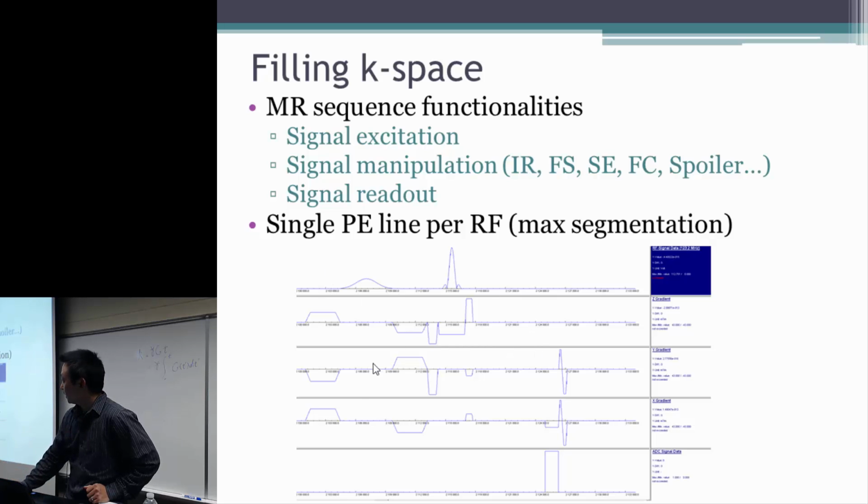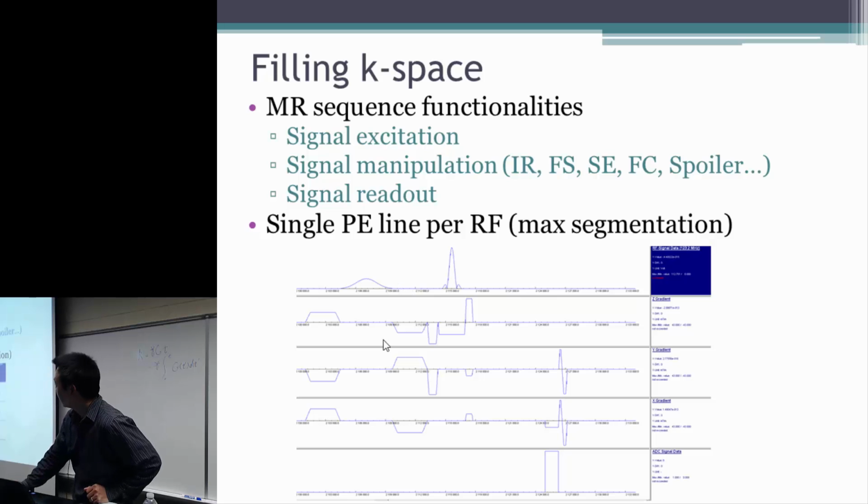Can anyone tell me, or guess, what this one is? This RF pulse, what does it do? This is the excitation, I can tell you. So what does this one do before the excitation? You already learned it.